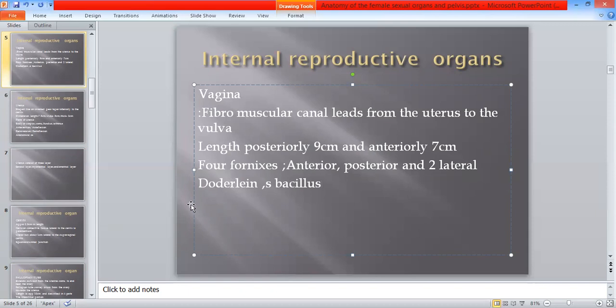It is normal vaginal flora, and it converts the glycogen in the vagina to lactic acid and produces a pH of 4.5, and this pH prevents the growth of pathogenic organisms in the vagina. Anteriorly the vagina is continuous with the base of the bladder, and posteriorly it opens into the pouch of Douglas.